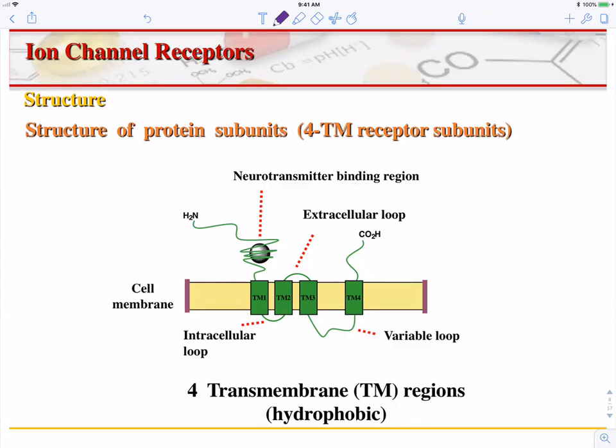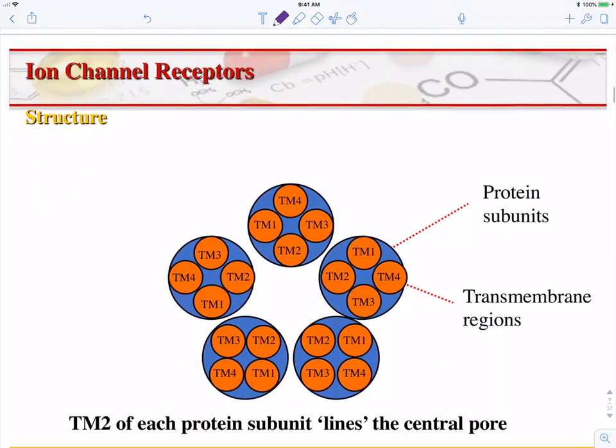Each subunit of the nicotinic receptor is made up of 4 different transmembrane helices. Both the N and the C terminals are located on the extracellular portion of the cell membrane, and the neurotransmitter binding site is close to the N terminus.